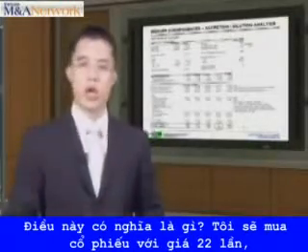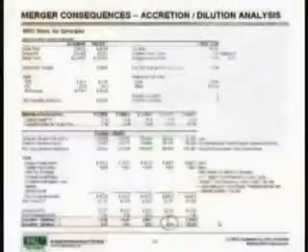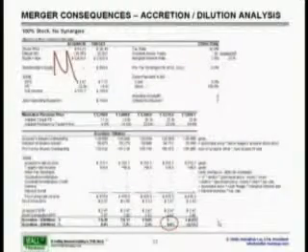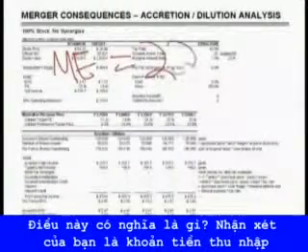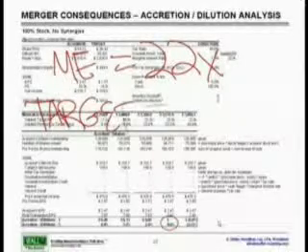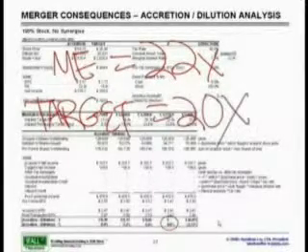What does this mean? What if now I were to buy a stock at a 22 times? Remember, me, I'm at 22. I buy a company who's at 20 times. What does this mean?